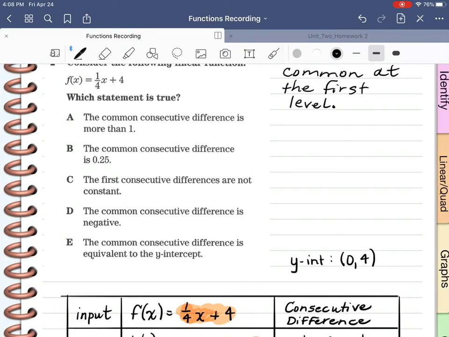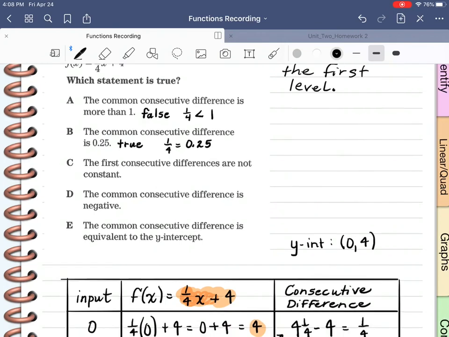The common consecutive difference is more than 1. That is a false statement because the common consecutive difference is a fourth, and a fourth is less than 1. The common consecutive difference is 0.25. That is true because 1/4 and 0.25 are the same.